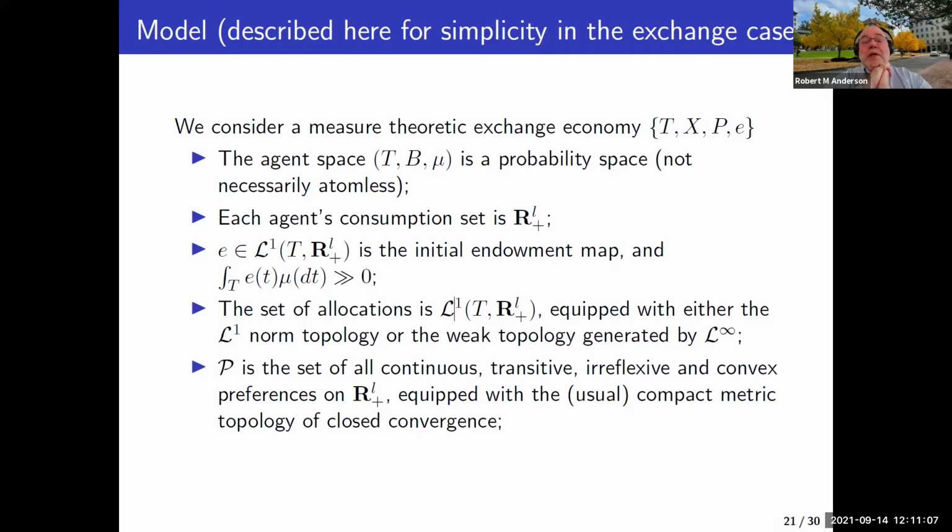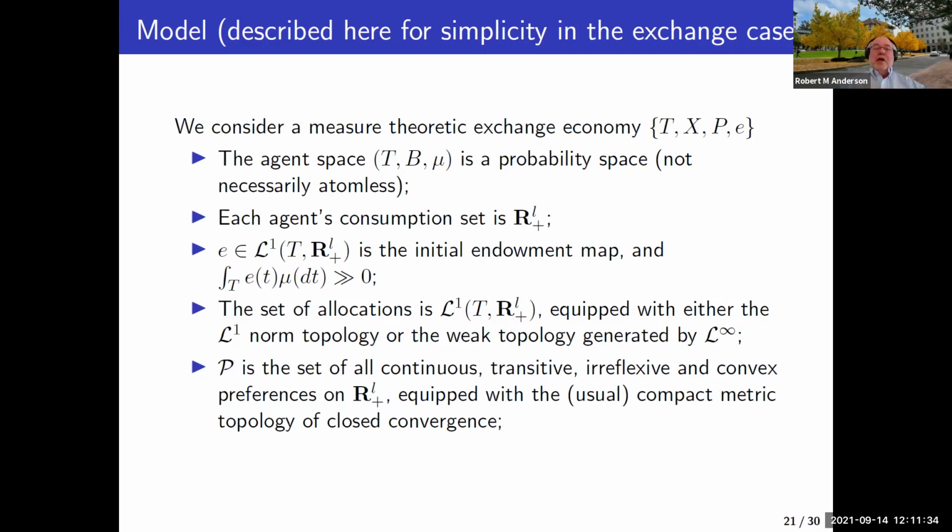So we have a probability space, that's a measure space where the measures of sets are all non-negative and the total measure is 1. Each agent's consumption set is, I've unfortunately changed my notation. I should have changed capital K to little l, but let's go with the notation on the slide.